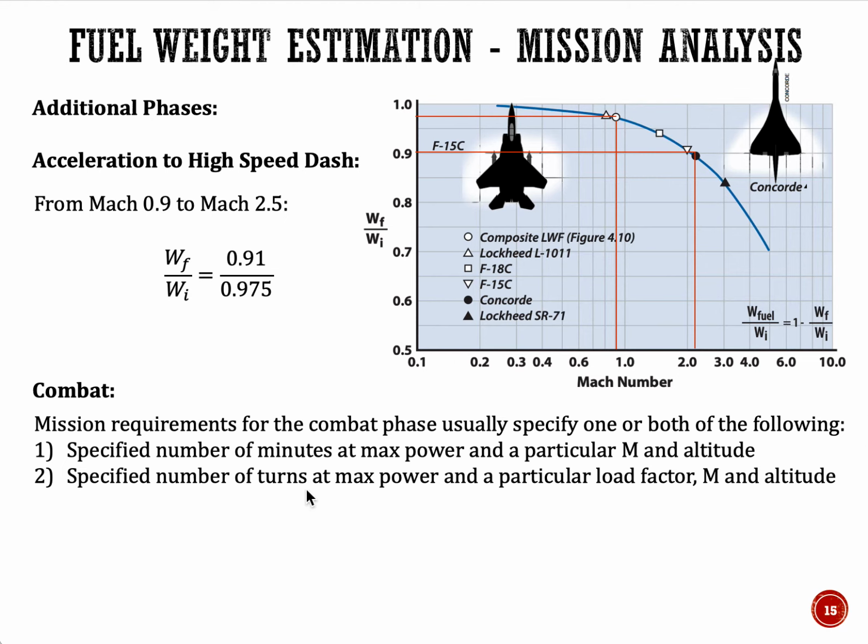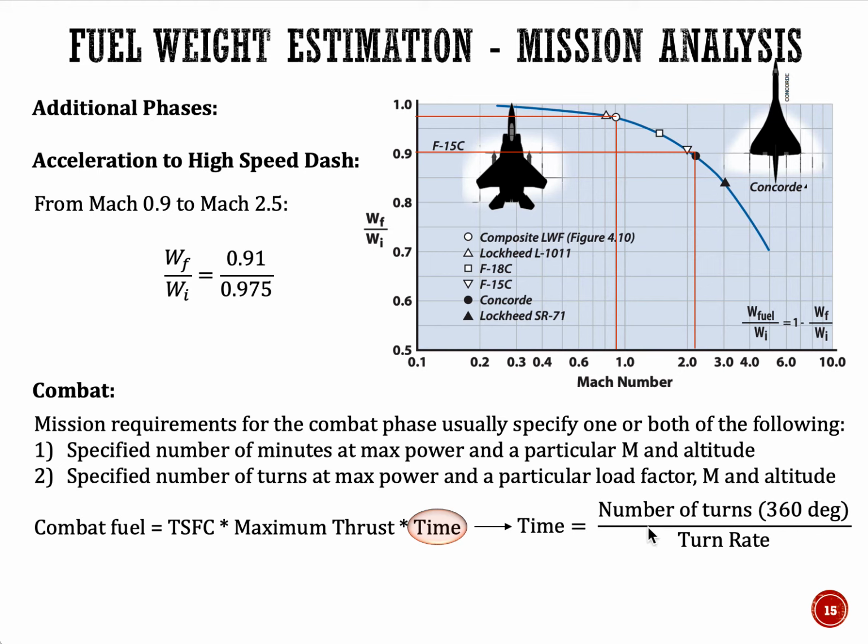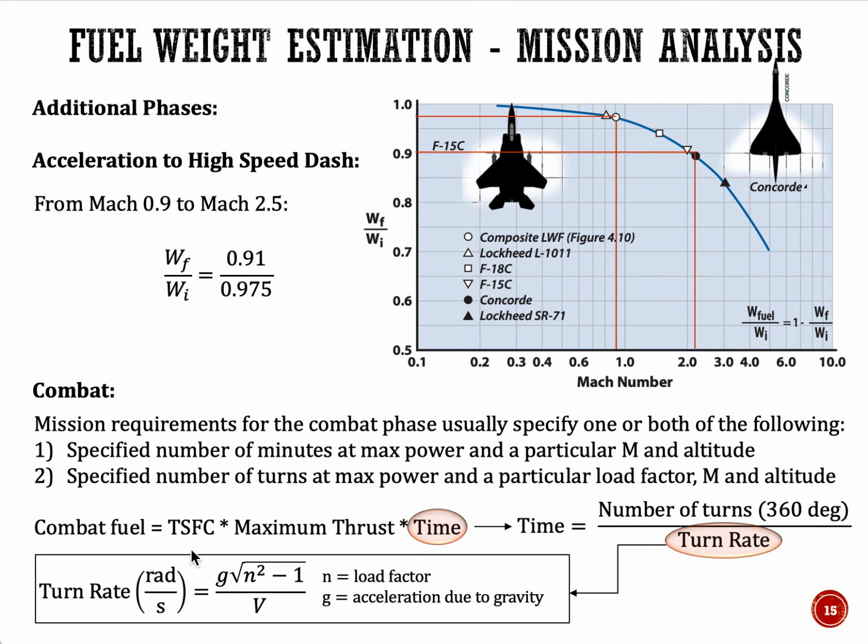Okay, so depending on this, you can estimate the combat fuel to be thrust specific fuel consumption times the maximum thrust times the time. The time is nothing but the number of turns, which are the 360 degrees, divided by the turn rate. And the turn rate is given by the load factor. So say, if you want the aircraft to do 7 Gs at a certain velocity, then you will know your turn rate.